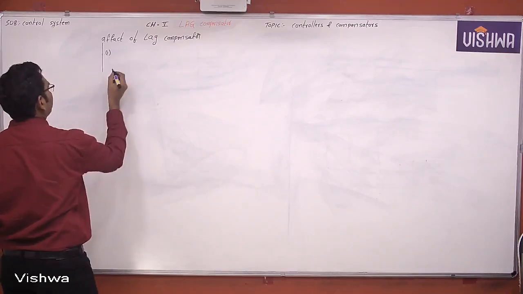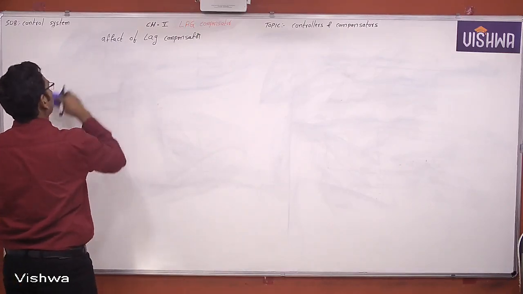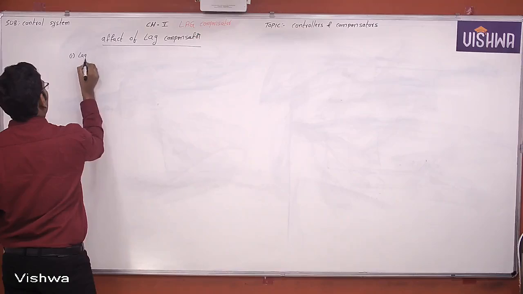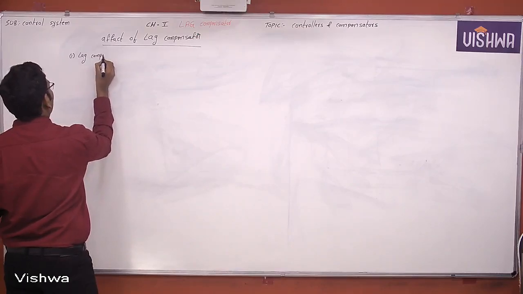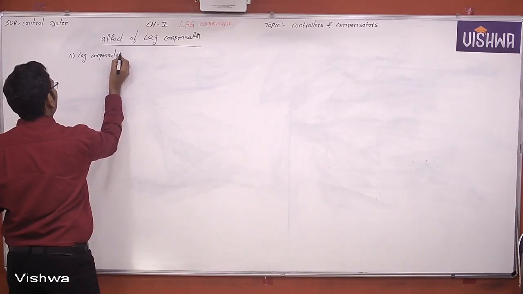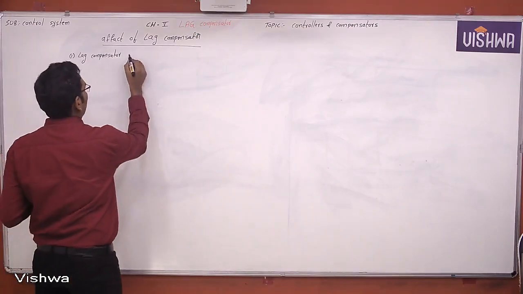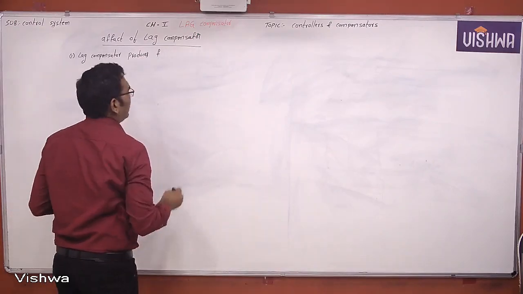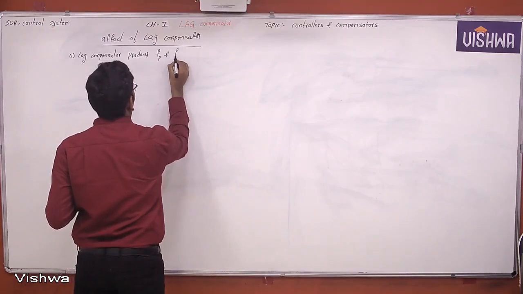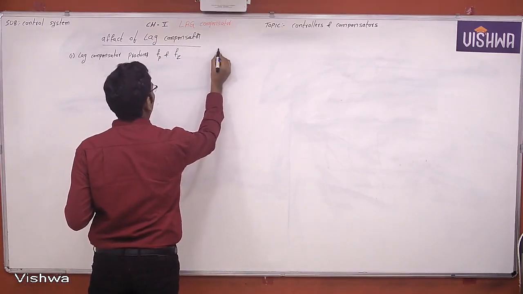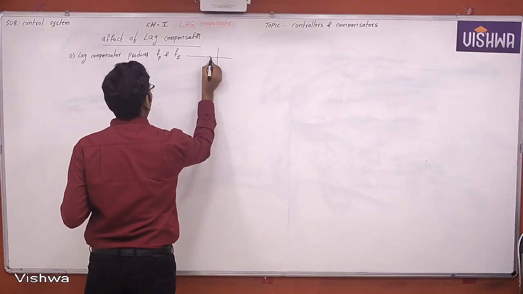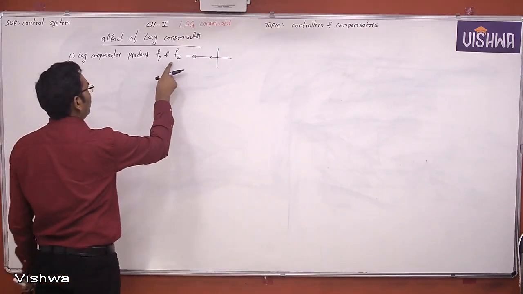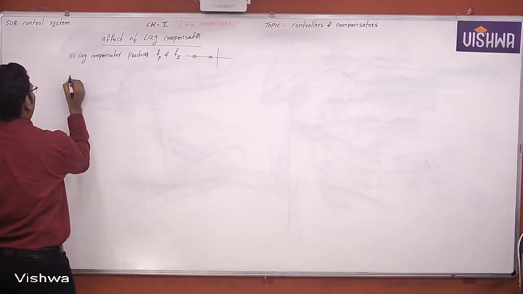First one, the lag compensator produces a finite pole and a finite zero. You know that. This is the lag compensator. First one is the finite pole, next one is the finite zero. The lag compensator produces a finite pole and a finite zero in the left half of the S plane.